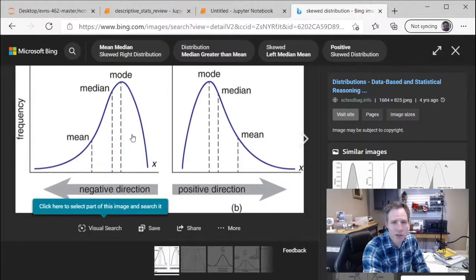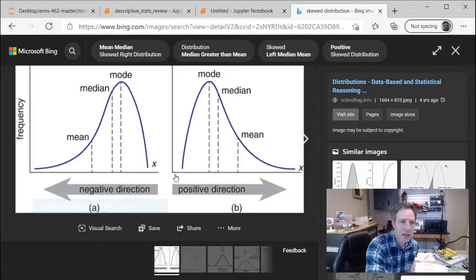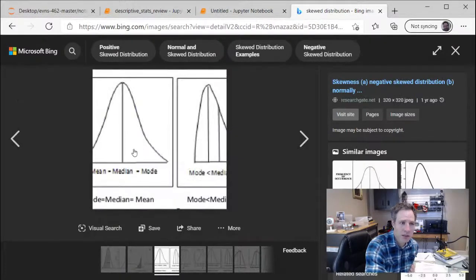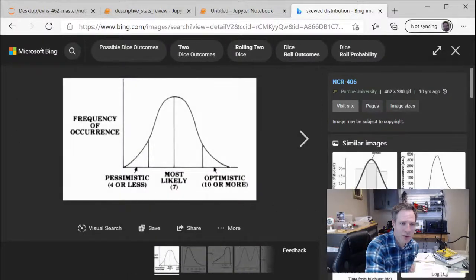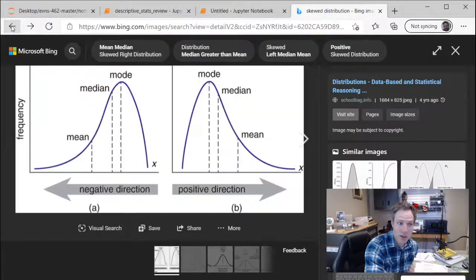All right, so in this picture here, it's showing two distributions which are not normally distributed. If you have a symmetric distribution like this, the mean, median, and mode are going to be at the middle. So these three measures of central tendency will be exactly the same, and they'll be in the middle of the distribution.